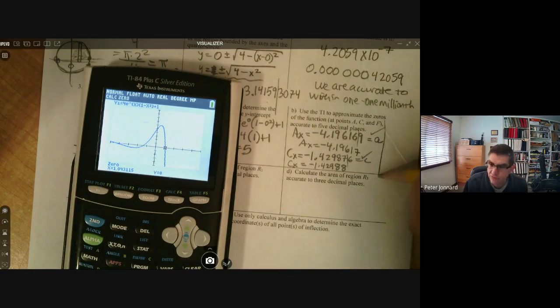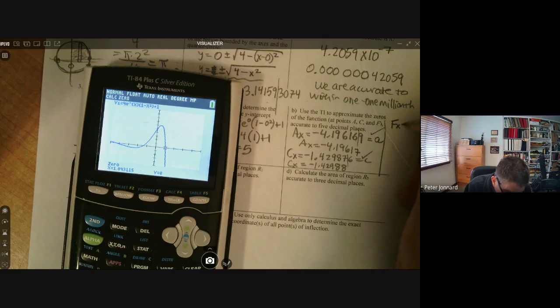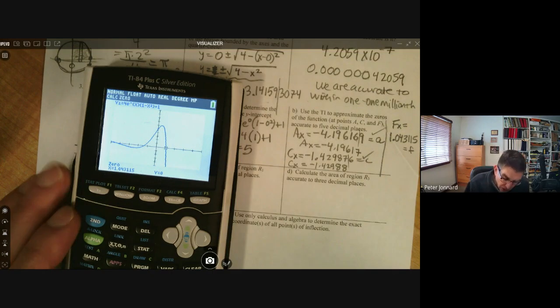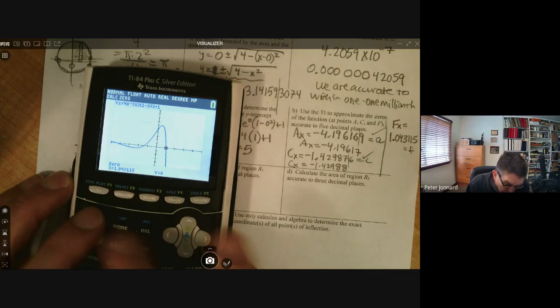I've run out of room here. I guess I'll make room off to the side. So that would be the x coordinate of point F is 1.043115, and I will call that F for the sake of consistency. So I will store that now. Second quit.